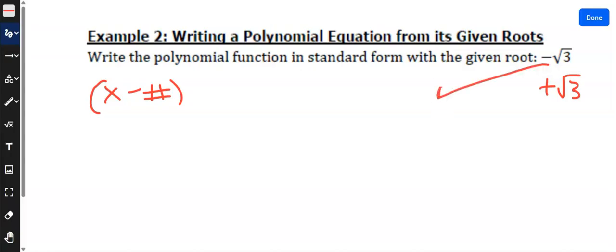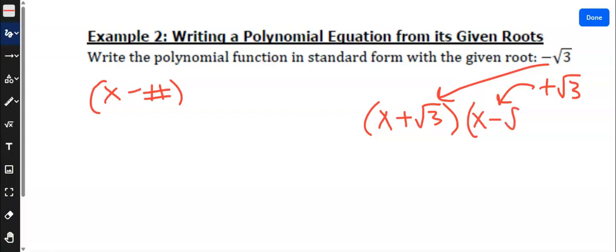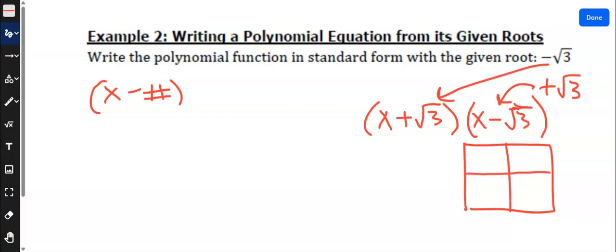Then the negative radical 3 should give me x plus radical 3. And the positive radical 3 should give me x minus radical 3. Now, they want it in standard form, so guess what? They want me to FOIL this thing together. Well, I can do that.